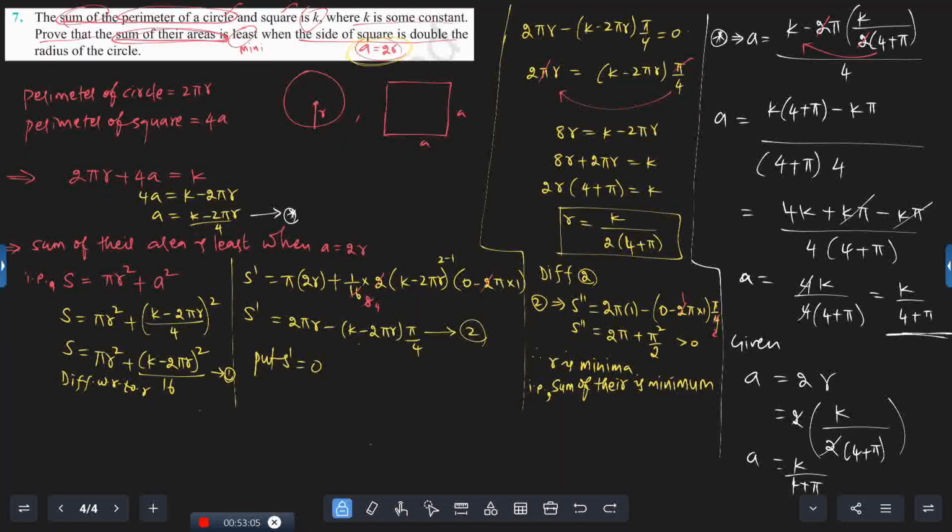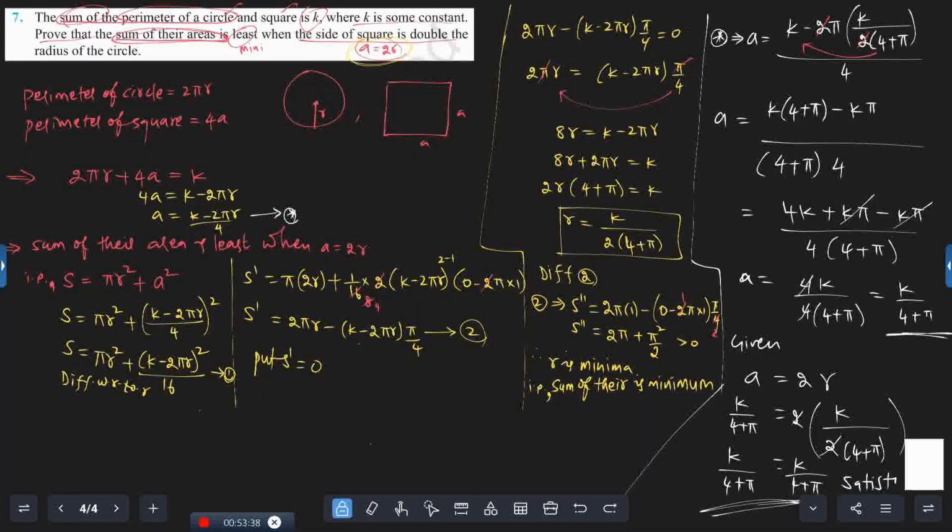Left hand side equals right hand side is satisfied. Have you noticed it? A value is K by 4 plus pi, and the R value is here, which I am substituting. When I substitute, I am getting left hand side equal to right hand side, which means A equal to 2R is satisfied.